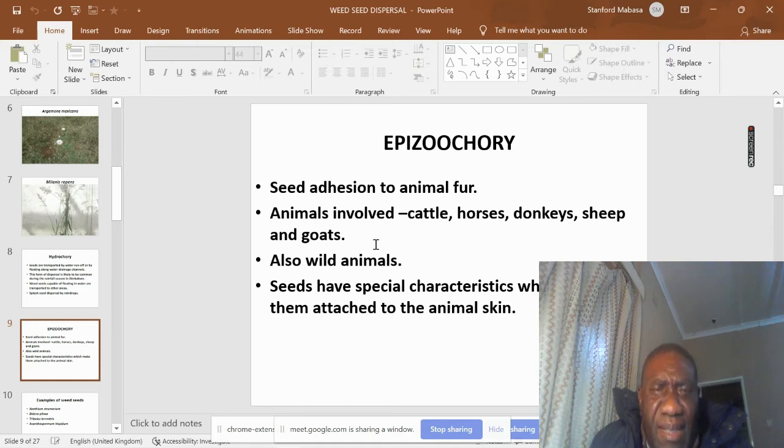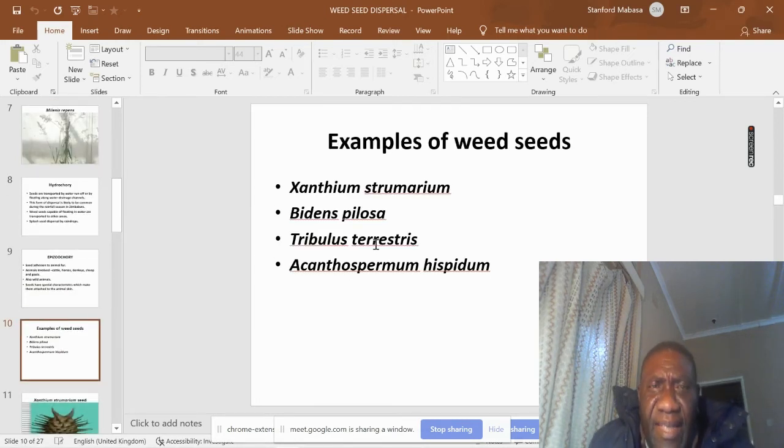Also wild animals. Now, the seeds have special characteristics which make them attach to animal skin. Examples of weed seeds which can attach to the animals are Xanthium strumarium, Bidens pilosa, Tribulus terrestris, Acanthospermum hispidum.